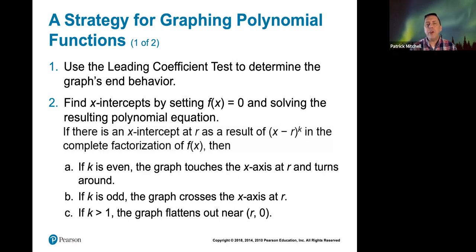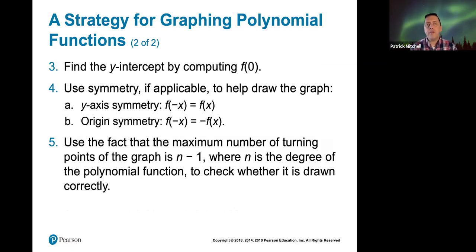And then this is where you can use your multiplicity to figure out whether the graph is going to bounce at each of those x-intercepts or cross through. In number 3, you can find the y-intercept by computing f of 0. Remember, to find a y-intercept, you always set x equal to 0.